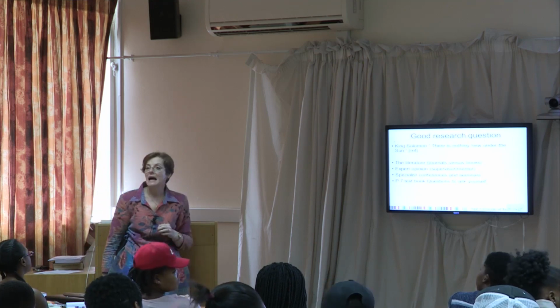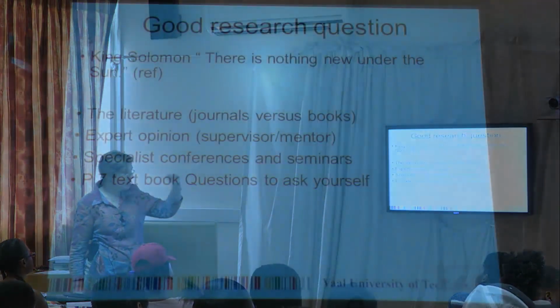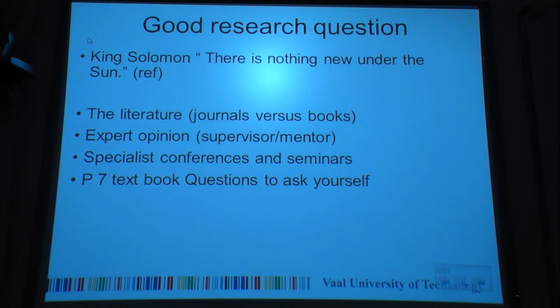Right. Let's go back to how a good research question should look. You should include literature in your research question. It should be based on the literature. All right. Where do your keywords come from?